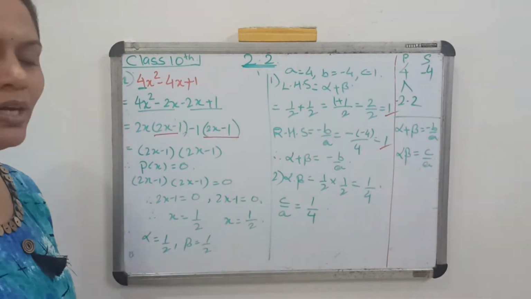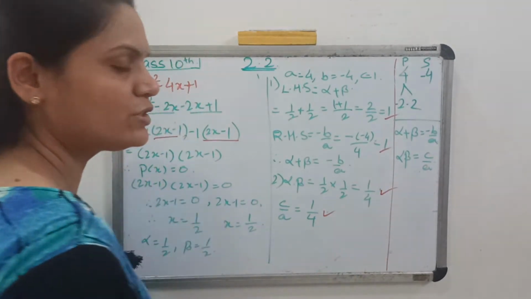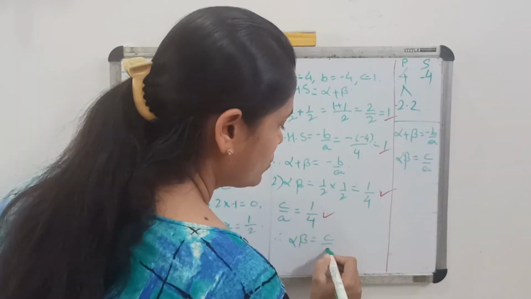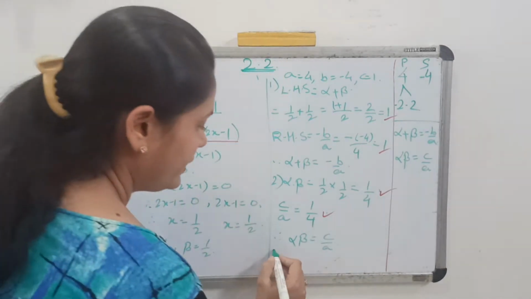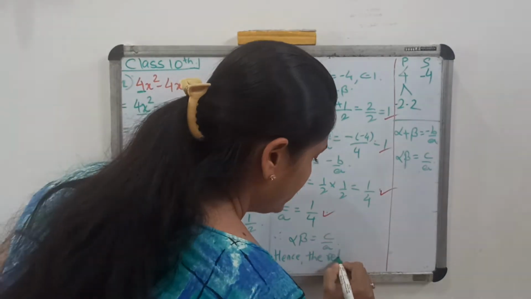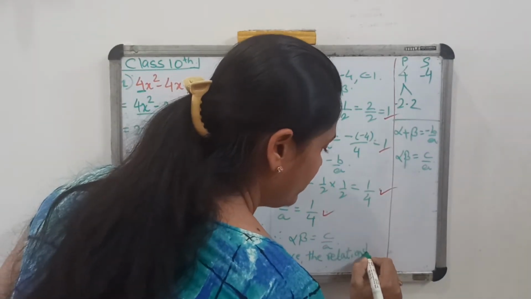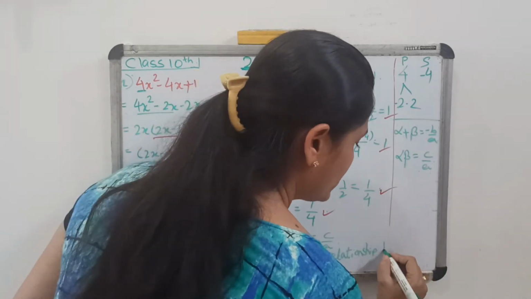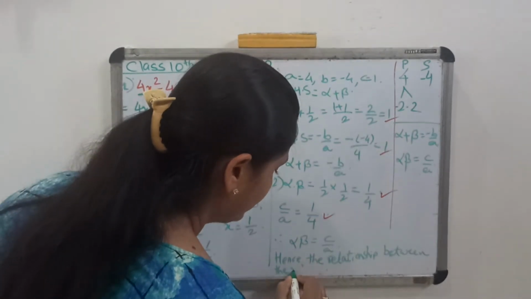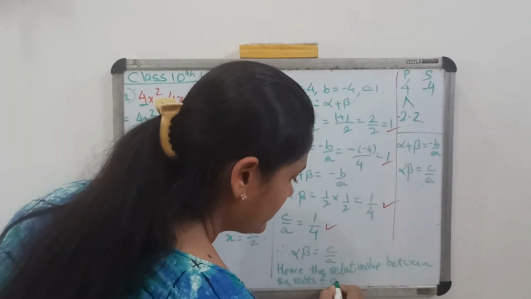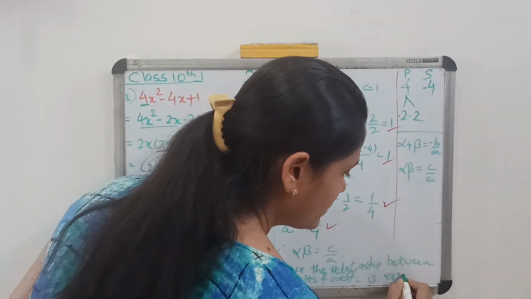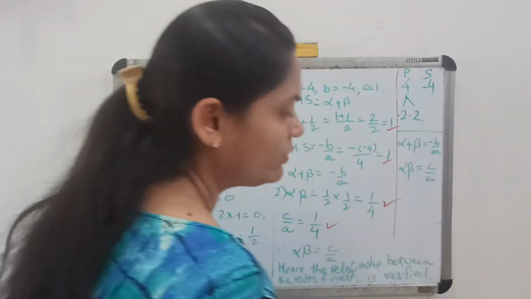From 1 and 2, again the same. Left hand side is equals to right hand side. Therefore, alpha beta is equals to C upon A. Hence, the relationship between the coefficients and the roots of the polynomial is verified.